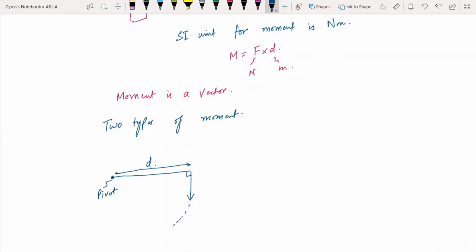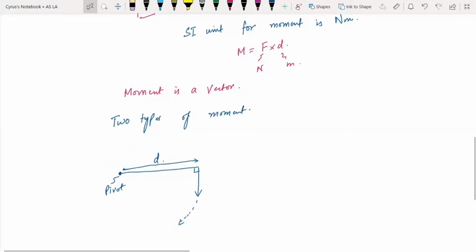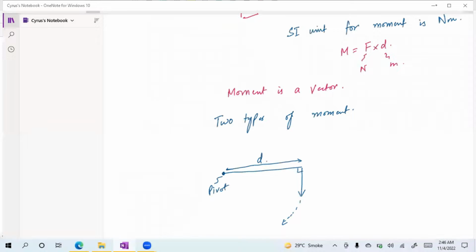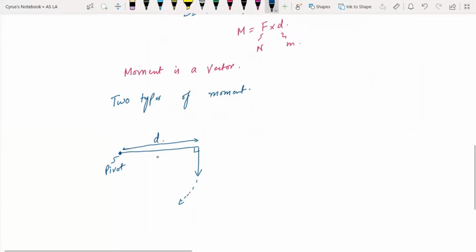Now, if you see here, what sort of movement is this? Is it clockwise or anti-clockwise? Clockwise. It is clockwise, right? This force is F, this distance is D, and this is a clockwise moment that we have.